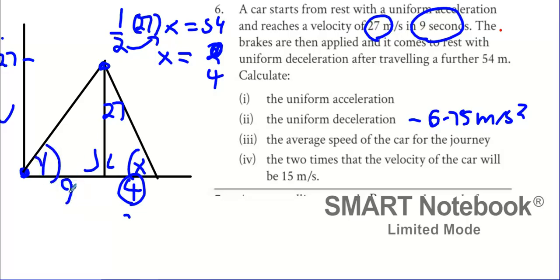Angle y, what's the tan of angle y? Opposite divided by adjacent? Yeah, acceleration's 3. It's faster, isn't it? 27 divided by 9, 3. No hassle.